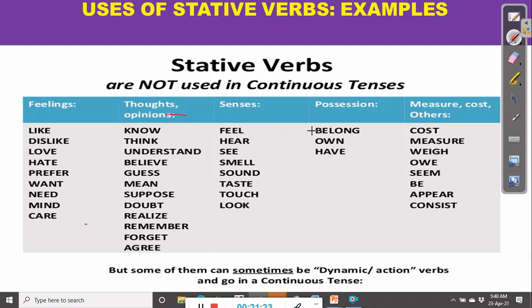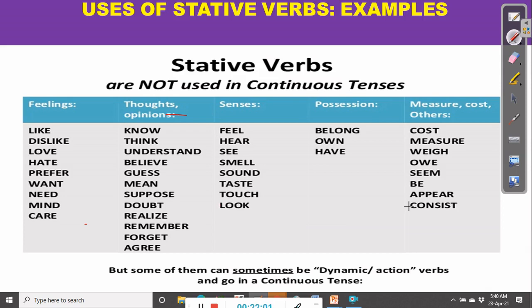Then to indicate possession, you have words like belong, own, have. All right. Then measurement, cost, and others. You talk of cost, that something costs like this. Measure, weigh, owe, seem, be, appear, consist. So you can use stative verbs to talk about appearance.